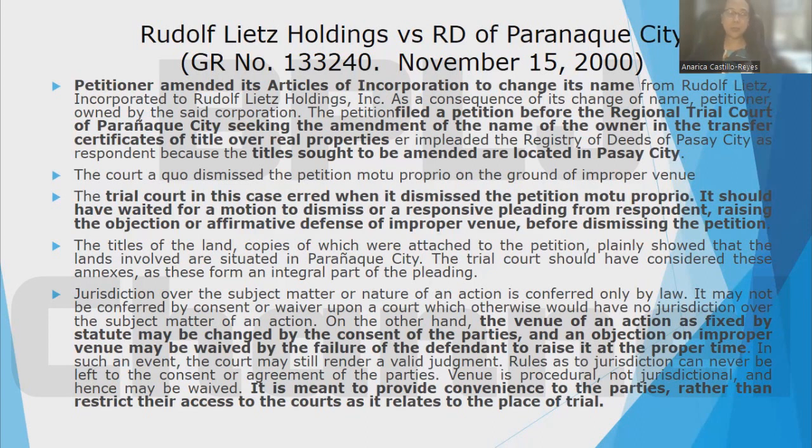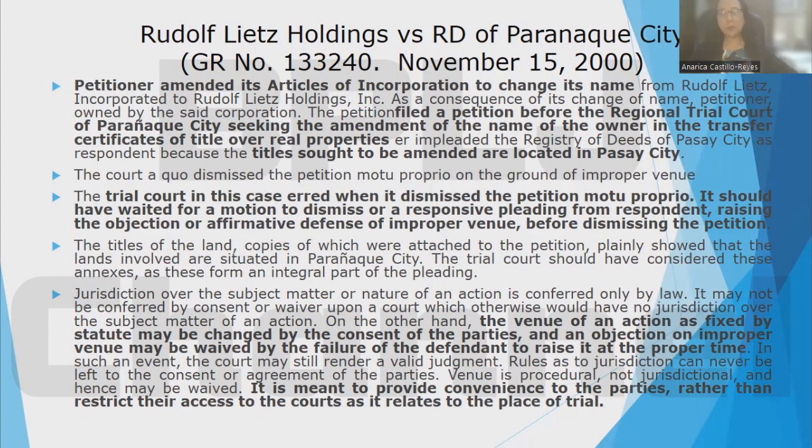So the lower court or the trial court dismissed the petition motu proprio or by itself without waiting for any motion on the ground of improper venue because it is the position of the trial court that since the properties are located in Pasay City, they should have commenced the action not in Parañaque but in Pasay City, which is the location of the property.